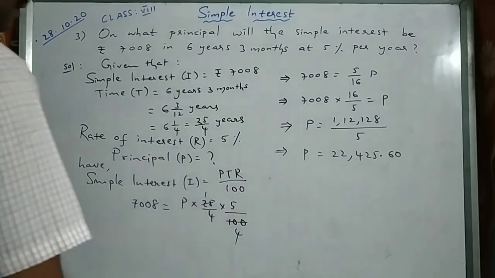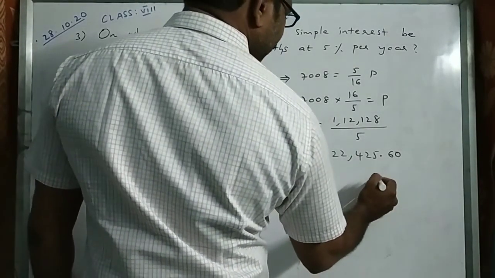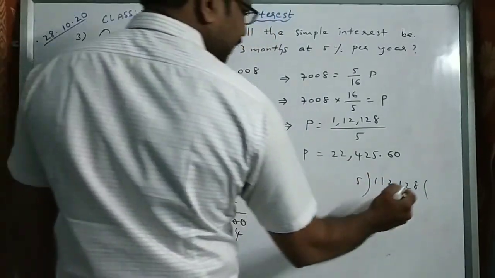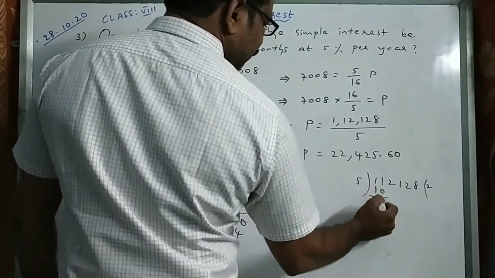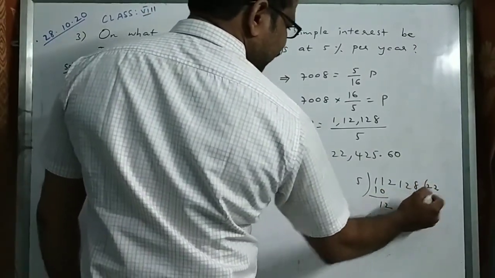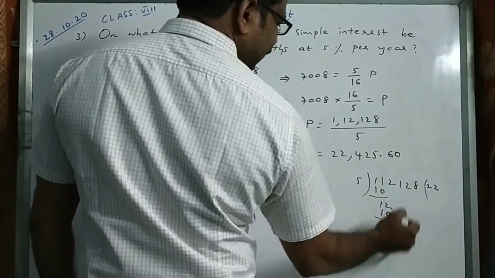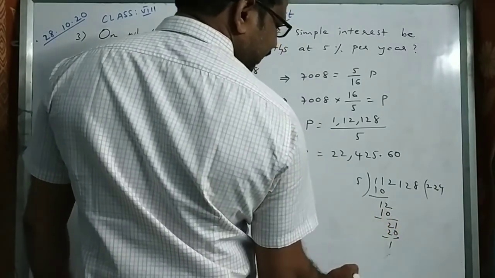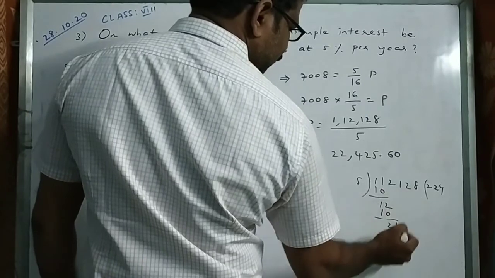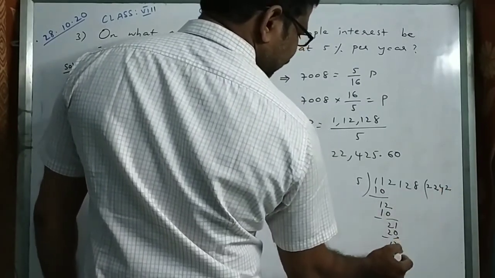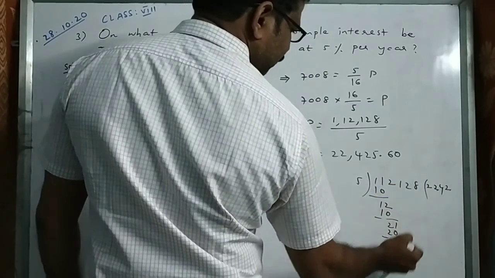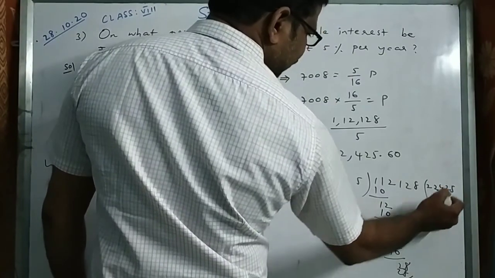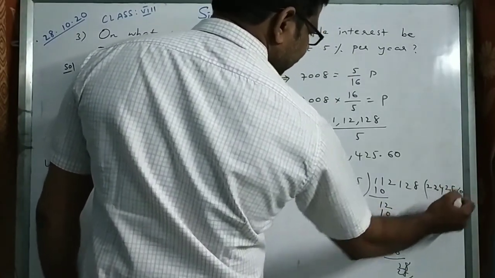If you want, you can divide 112,128 divided by 5. You can see 5 2s are 10, 12, again 5 2s are 10, 2, 1 is brought down, 5 4s are 20, 1 remainder, 2 is there, 5 2s are 10, 2 remainder, 8 is there, 5 5s are 25, 3 is there, decimal 0, 5 6s are 30.